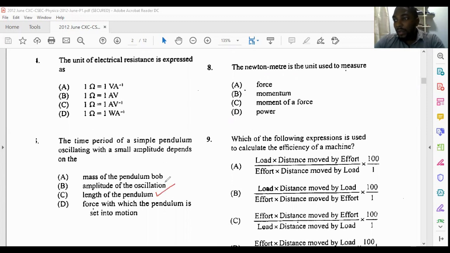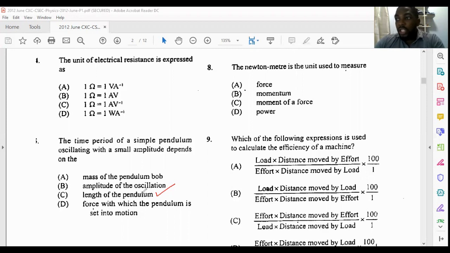The mass doesn't matter, it doesn't influence the period. The amplitude of the swing doesn't matter either, it still takes the same period of time for a given length of pendulum.